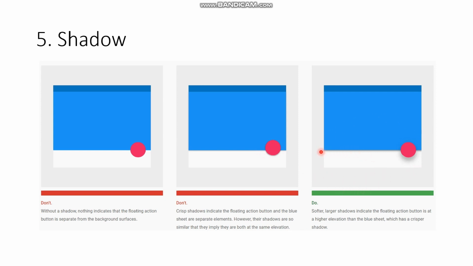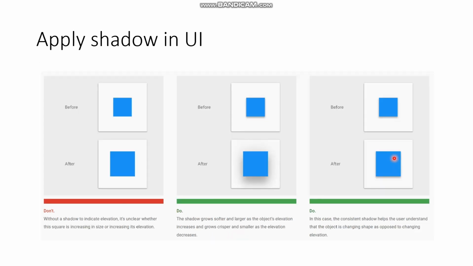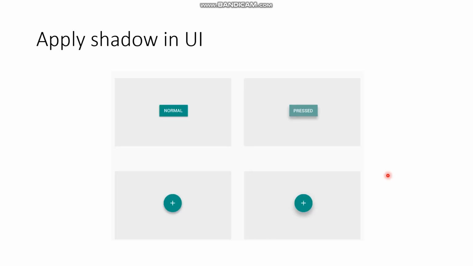So if you have a floating action, it's better to have a shadow to show the user it's selected. The shadow can be like this, growing over the button, or like this one, behind the button. This is normal, with no shadow, and this one has more shadow when it's pressed. We know it is pressed because it has a shadow.